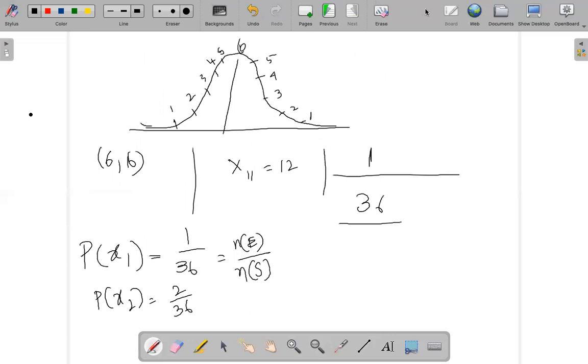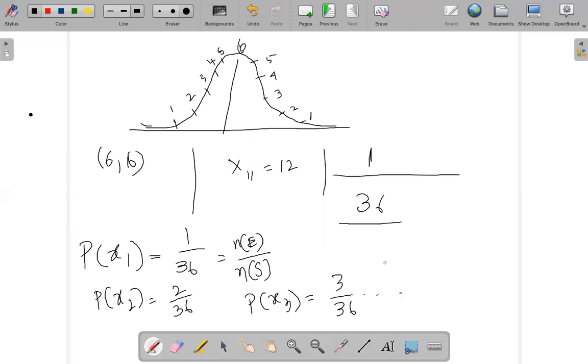Fine. Likewise, P of x3 will be 3 by 36, etc. Like that we can write it.